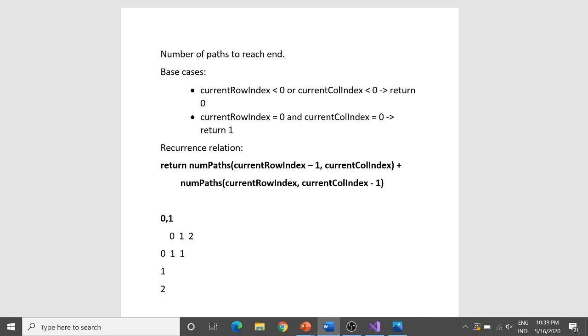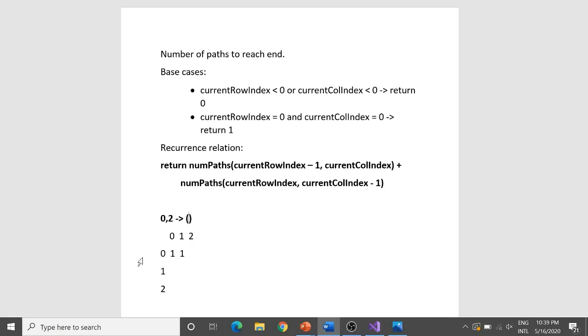The same way, what is the total number of ways to reach 0,2 from 0,0? Again, I need to come from the left hand side. There should be a cell present on 0,2's left hand side, such that if I go right of it, then I can reach 0,2. So what cell would I be recursing for?